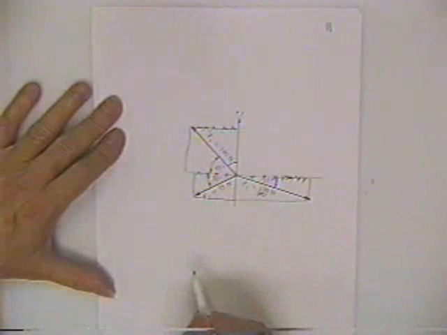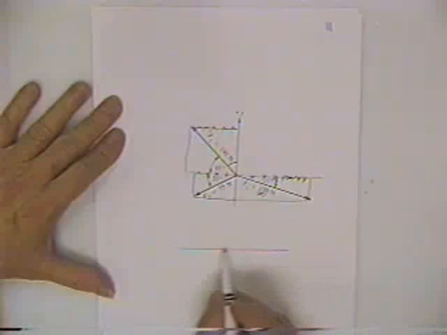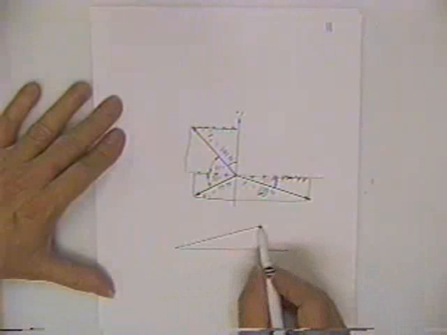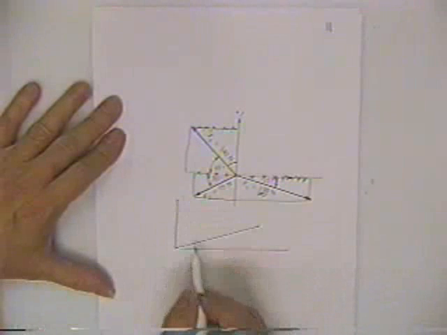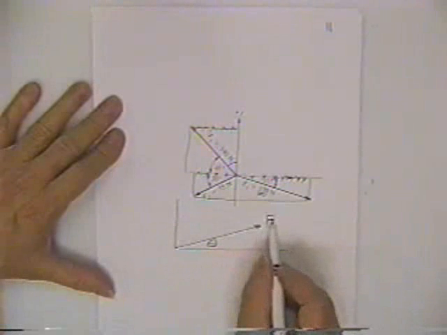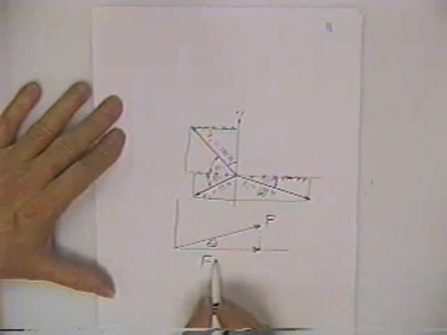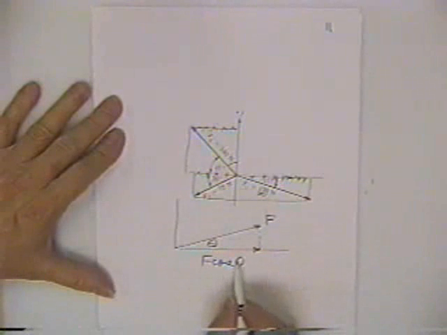That would give you vertical components. So anytime you want the component of any force on any axis, all you do is you multiply the magnitude of that force times the cosine of the included angle.